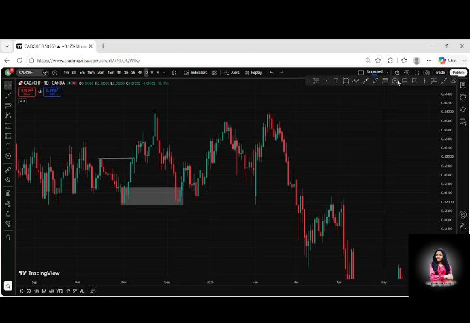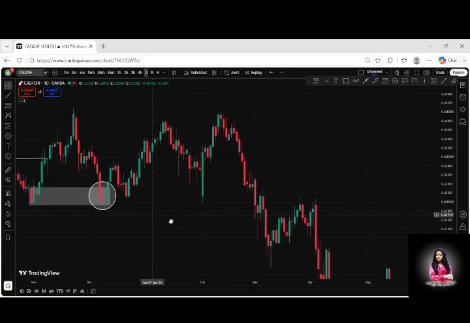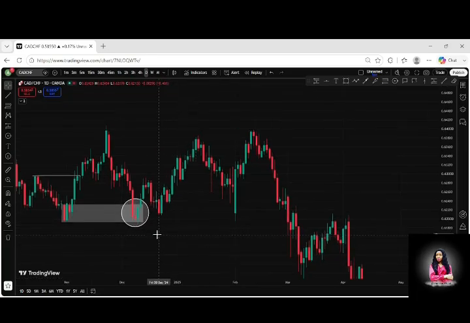But then, at a point when the market was reversing, we can see what happened here. The market printed a red candle first of all, and then the next candle we saw was a green candle.